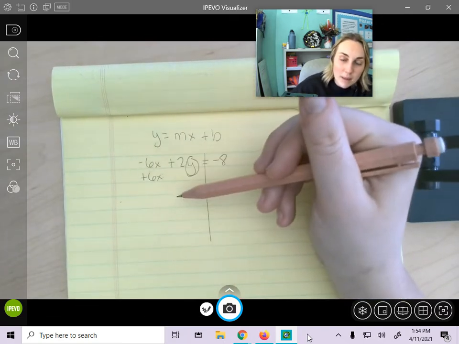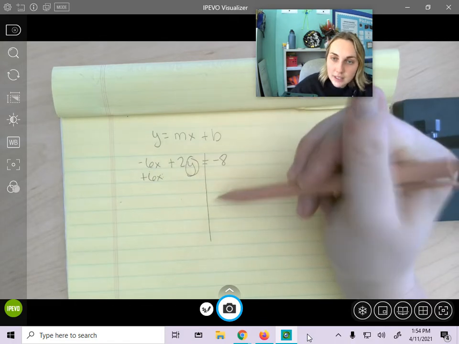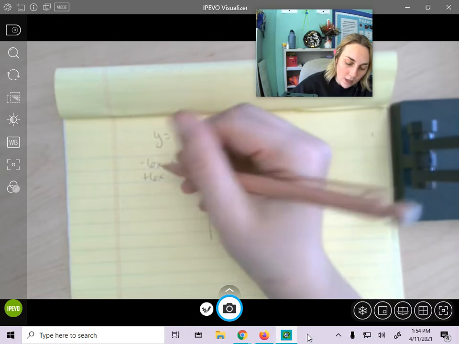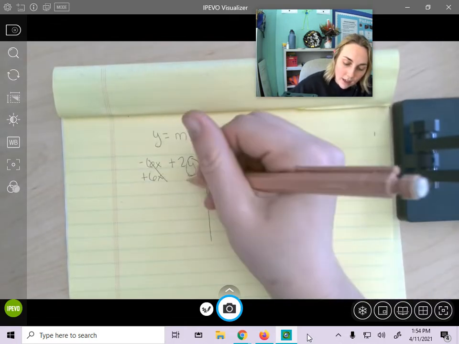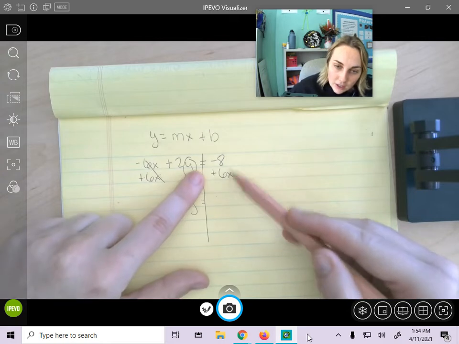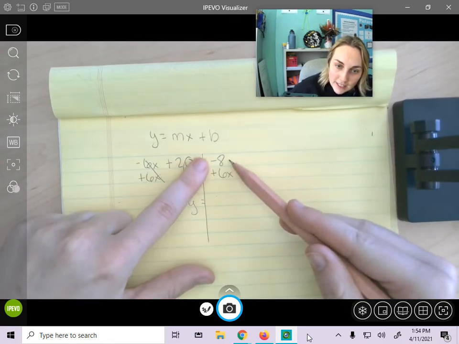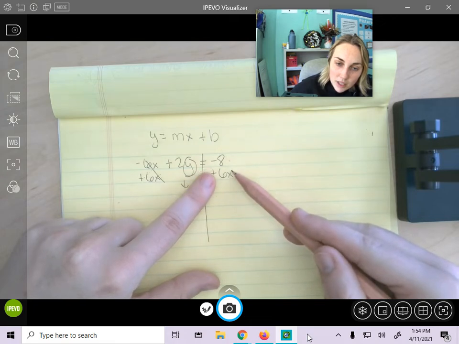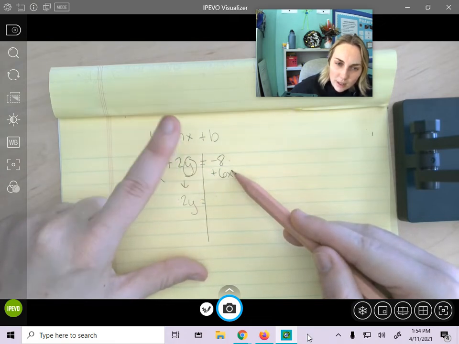Whatever you do on one side of the balance beam, you have to do it on the other side of the balance beam. Okay? So these cross out, they're opposites. I'll bring down my 2y, and this is what I'm going to do over here. These are not like terms, okay? This negative 8 does not have an x next to it, so we cannot combine them. So what I'm going to do is I'm going to look at this equation right here.